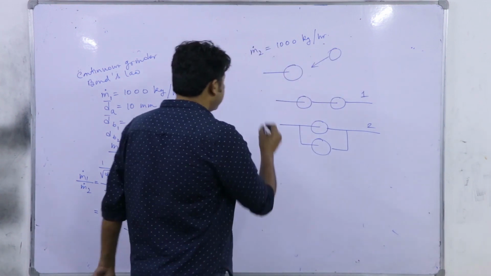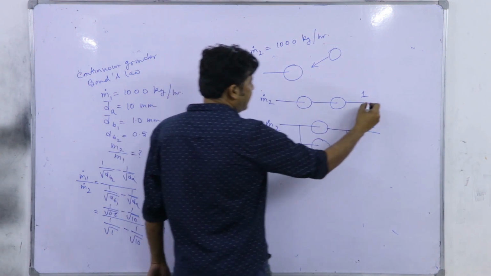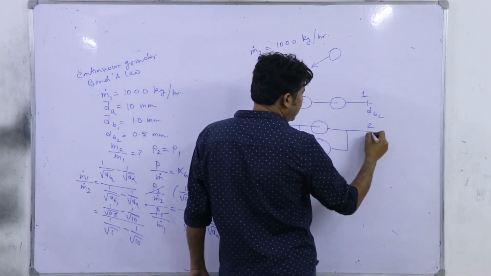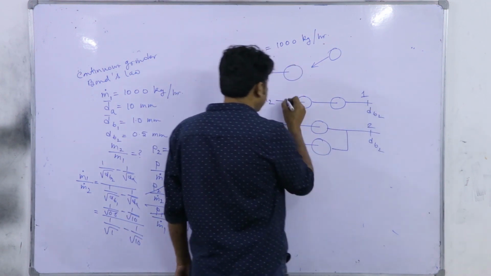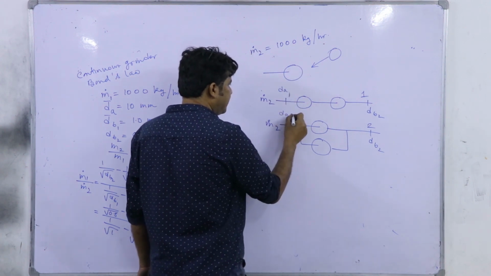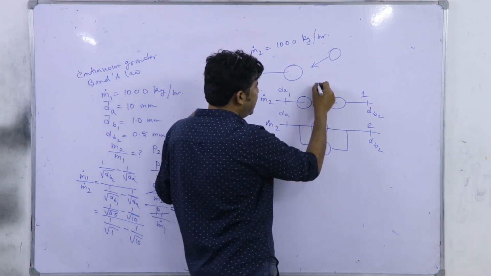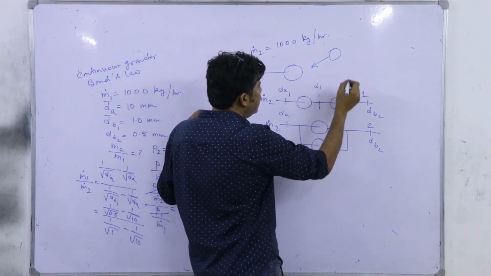So you see, we have to go for m2 dot in both cases. And finally the size is dB2, here also it is dB2, here it is dA1 or dA, here also it is dA. Right. So intermediately it is breaking down into D1.